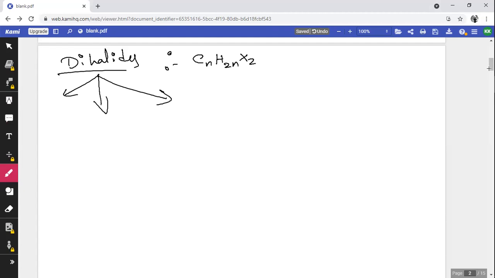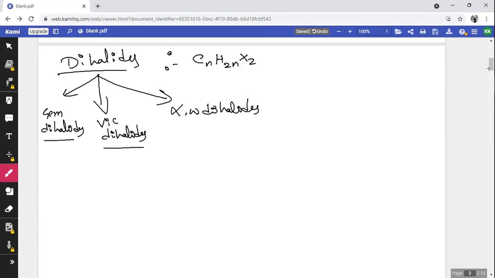The first one is gem dihalides, the second one is vic dihalides, and the third one is alpha, omega dihalides. So what are these different types of dihalides? Gem dihalides, vic dihalides, and the third type.